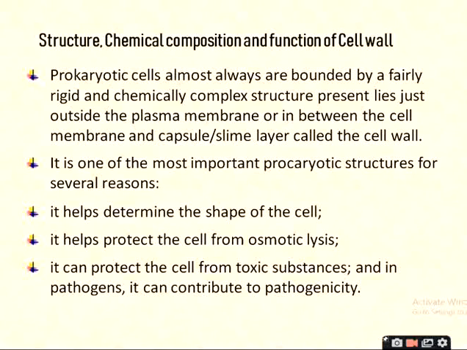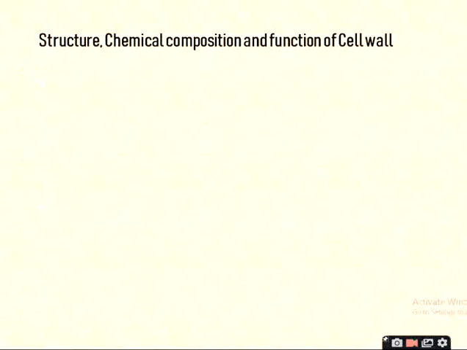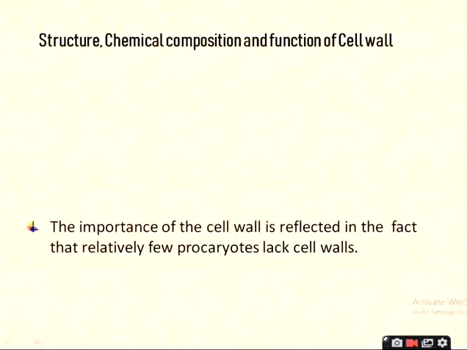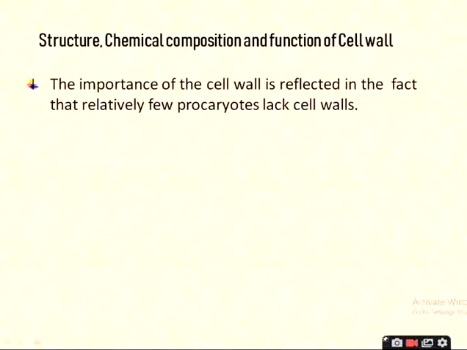And in some cases, specifically in pathogenic organisms, pathogenicity, meaning the ability to cause infection, is dependent upon the cell wall content, and that's why the cell wall plays an important role.